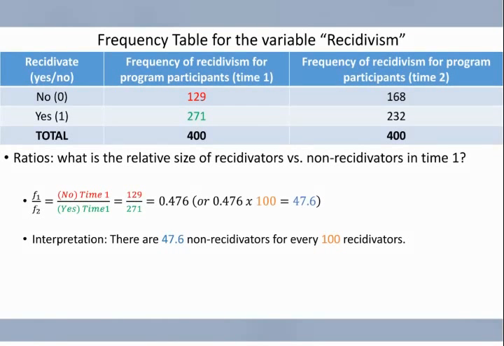Or we can switch that around and say for every 100 recidivators, there are 47.6 non-recidivators. And this is why we multiply by 100, because it makes more sense to say 47.6 non-recidivators for every 100 recidivators as opposed to saying 0.476 non-recidivators for every one recidivator, right? It just standardizes it more into whole numbers.